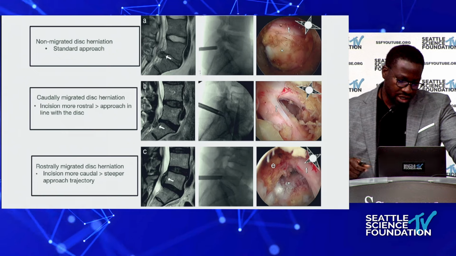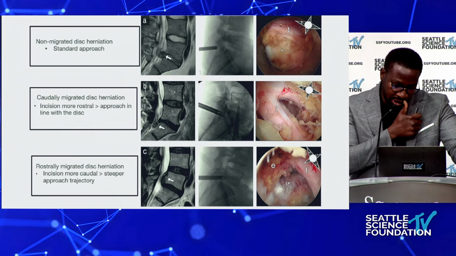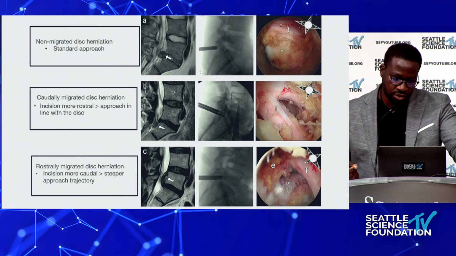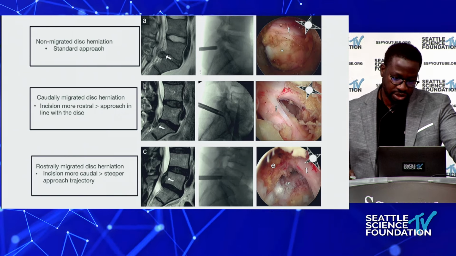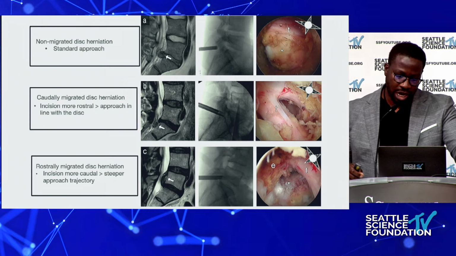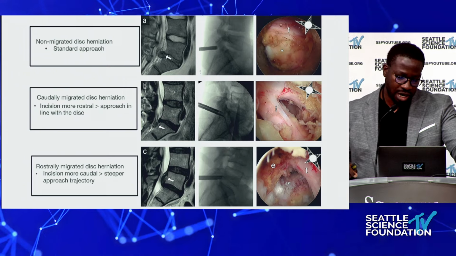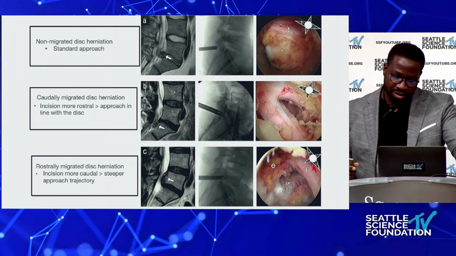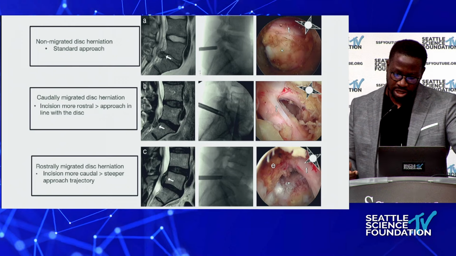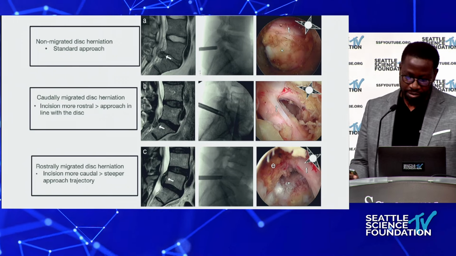And if it's a cranially migrated disc herniation, your incision is going to be a little bit more caudal, and you're going to have a steeper inclination to look up towards the cranially migrated disc herniation. In either situation, you're going to have to remove maybe to some degree a little bit of bone so that you can get your instruments and your scope into that area of the pathology.